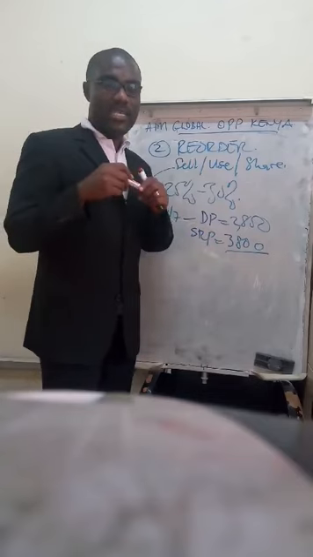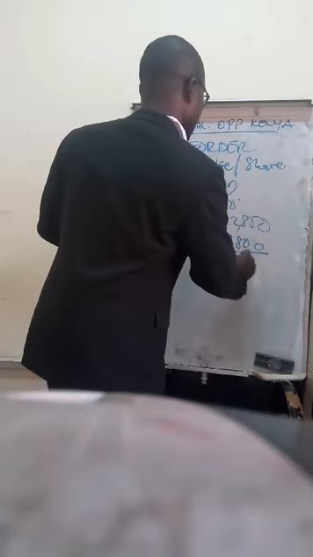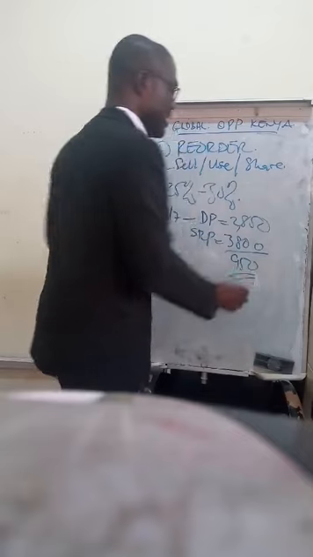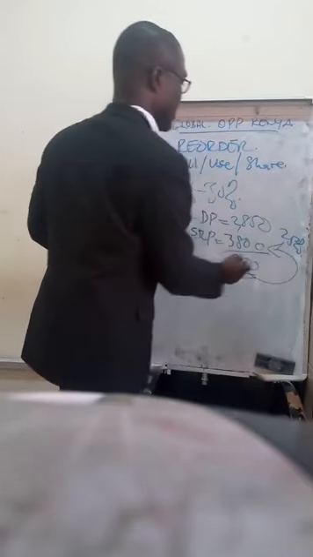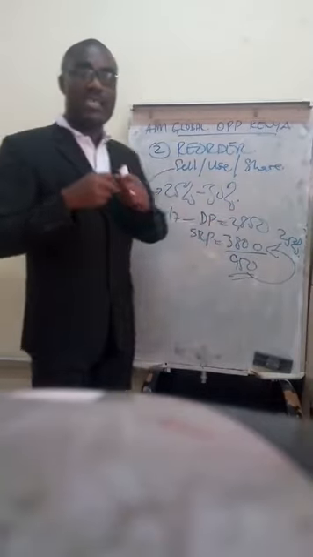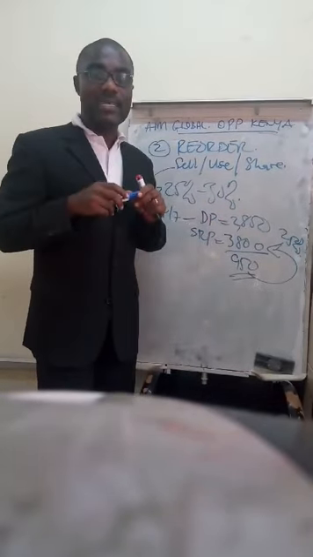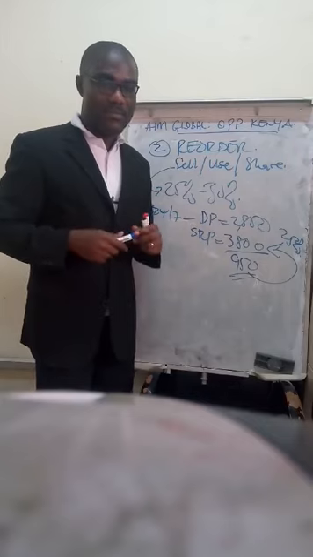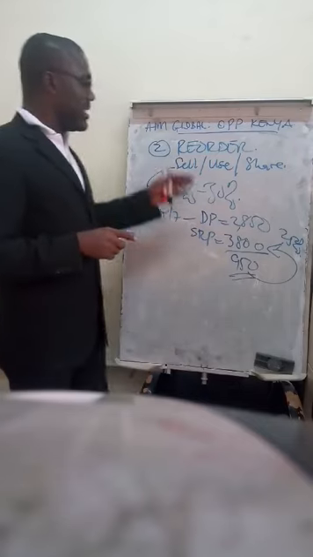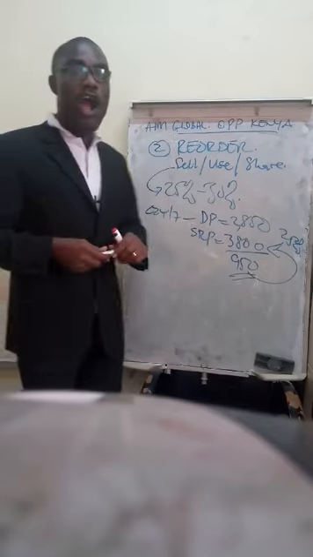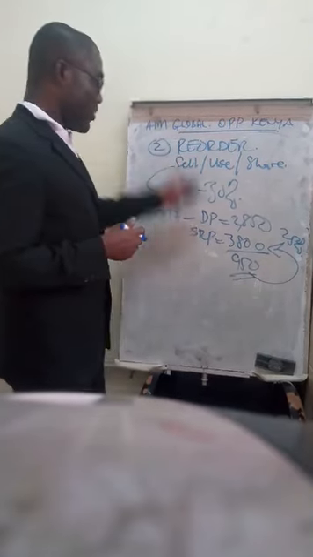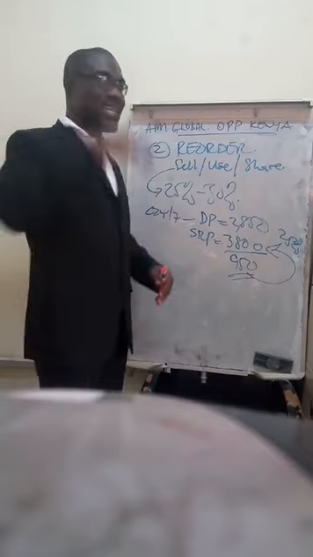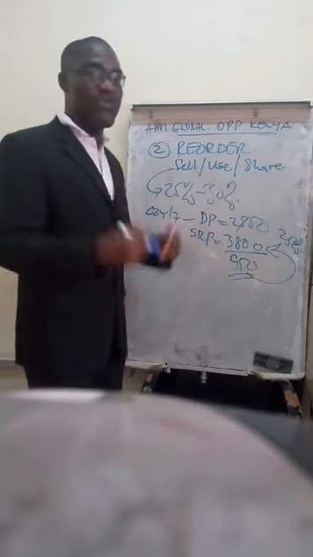The difference is 950 shillings, and this is 25% of the suggested retail price. This is what will happen for all our products that you sell. 25% minimum can go up to 30% profit.